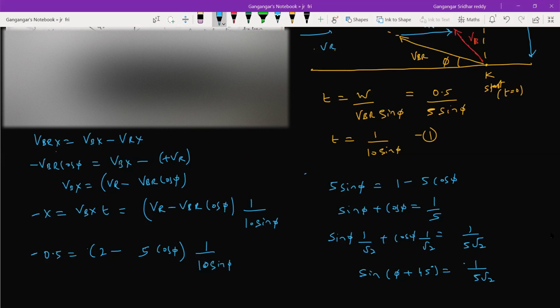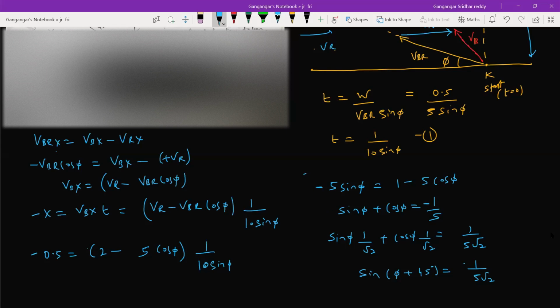Negative will come. This is 2, no? Then we'll end up with minus sin phi, minus sin phi, minus of 1 by 5.